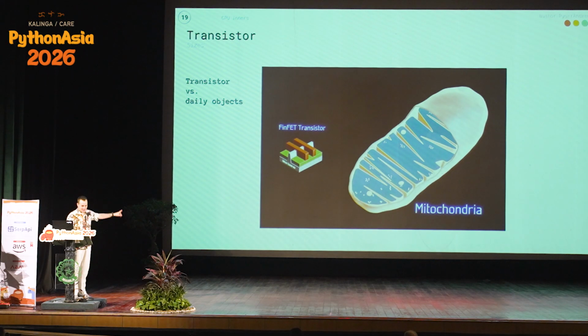For example, the mitochondria. This is the size of a transistor, for example 10 nanometers. And this is a mitochondria. It's like a power station in almost each cell of our body, which produces specific molecules called ATP, and we use it for breathing, for raising our hands, for speech. This is approximately the size.